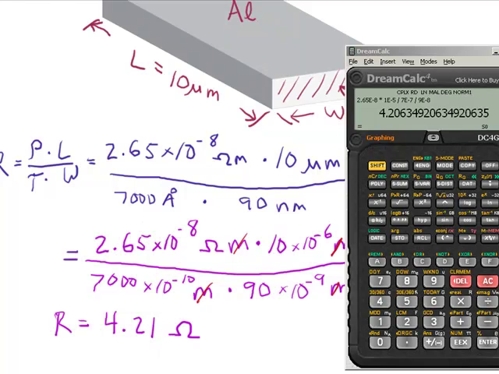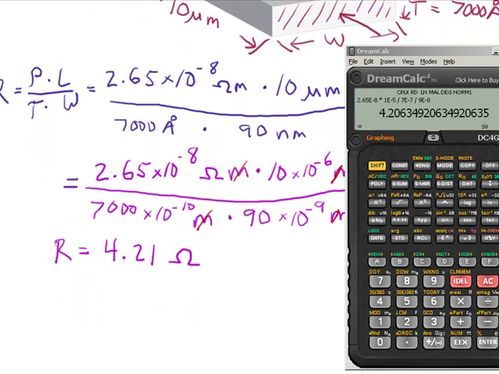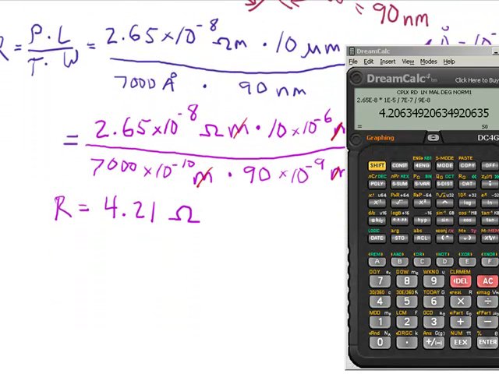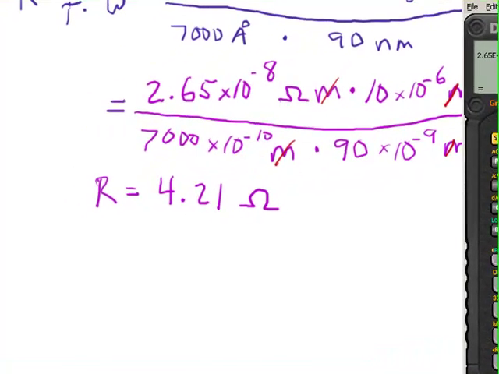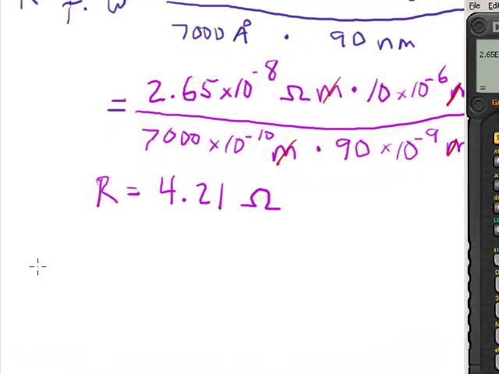Now before I leave this example, I want to do one other calculation, and that is something called sheet resistance. There's another property of a material that's commonly calculated. It's called sheet resistance, and sheet resistance is equal to the bulk resistivity divided by the thickness.